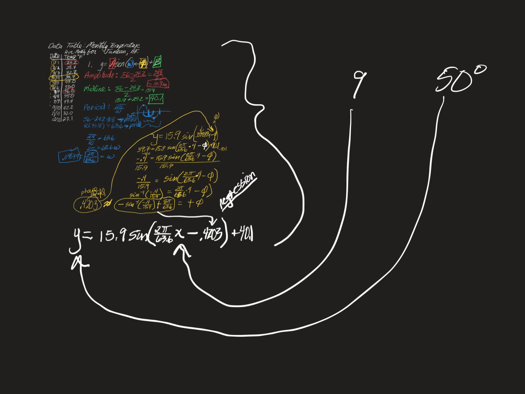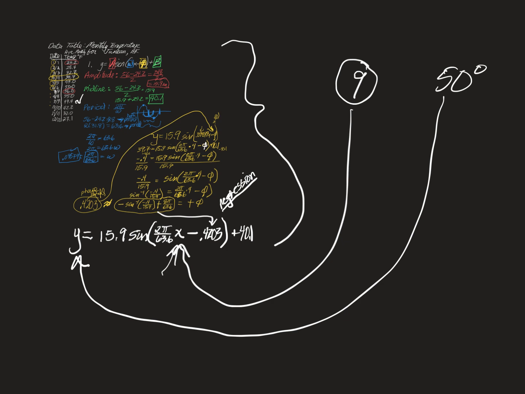When you plug in the 9, you can just type it in the way it appears with the multiplication times 9 here, and then you're good. So times 9 right here, and everything should work out pretty simply. All right, and then hopefully the prediction for the temperature in the 9th month would be fairly close to the 49.4.